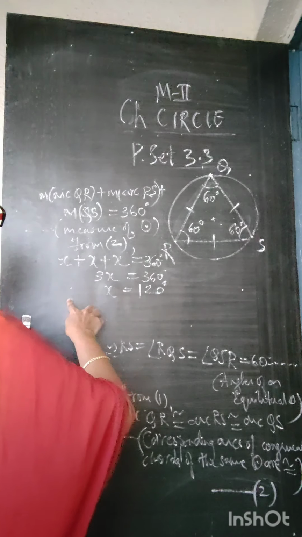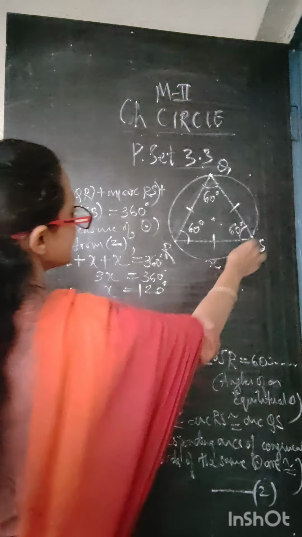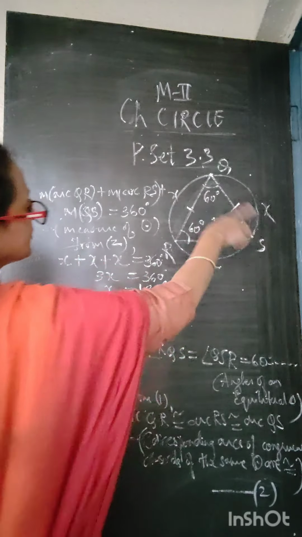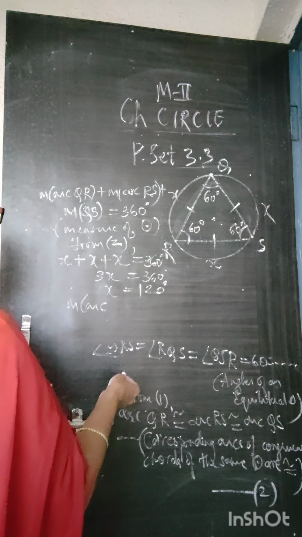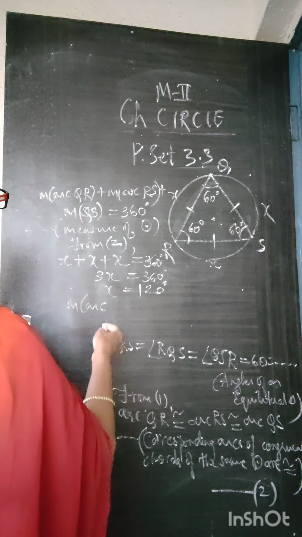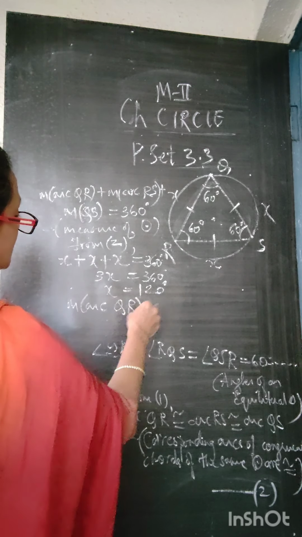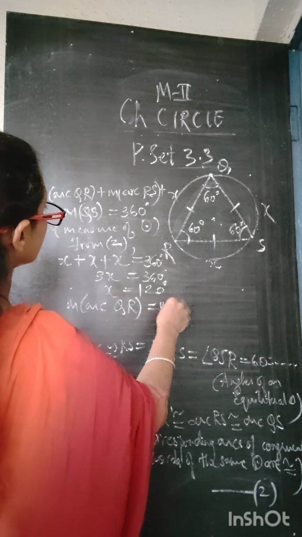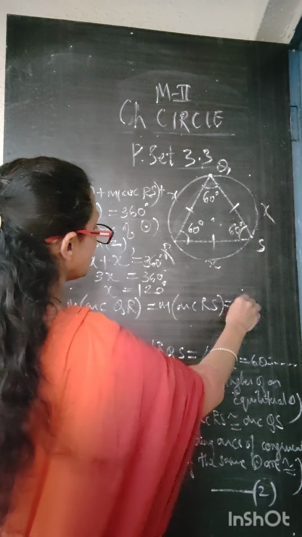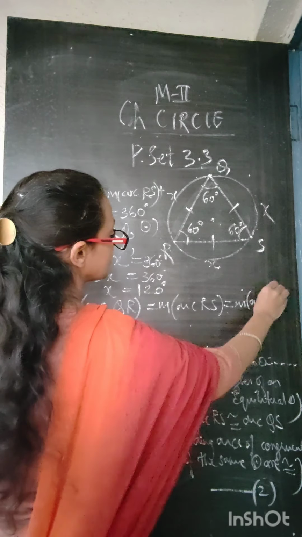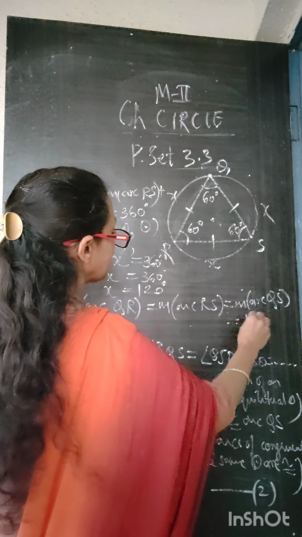So x is 120, these are all x. That means measure of arc QR is equal to measure of arc RS is equal to measure of arc QS, that is equal to 120.